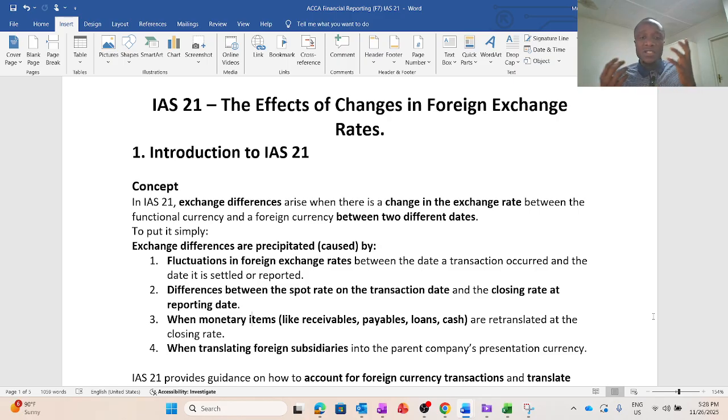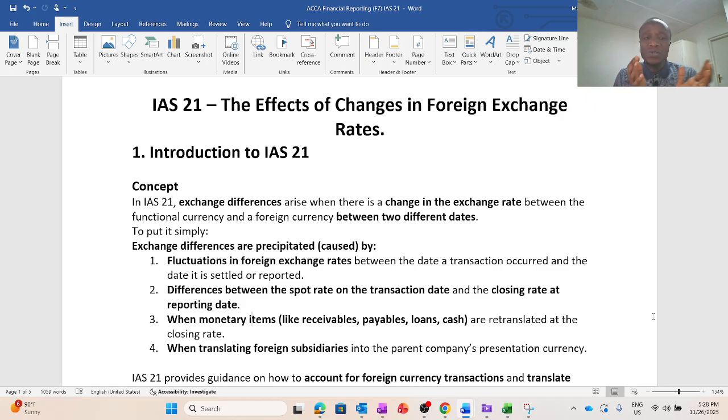In other words, it might result in the company paying excess, or it might result in the company paying less. So that impact, as to whether we are going to pay more to our suppliers or pay less to our supplier, is what IAS 21 is talking about. So this is a very important concept that you need to understand.